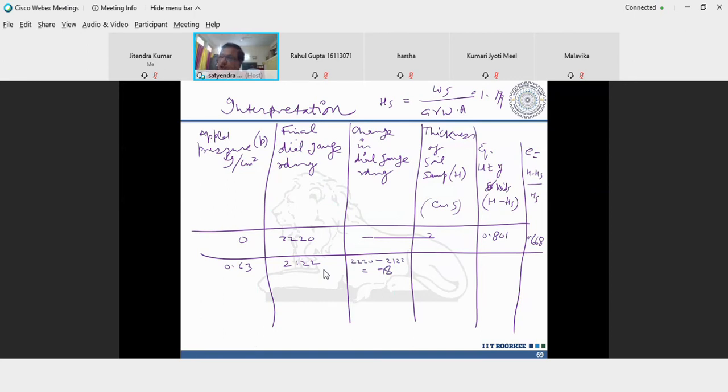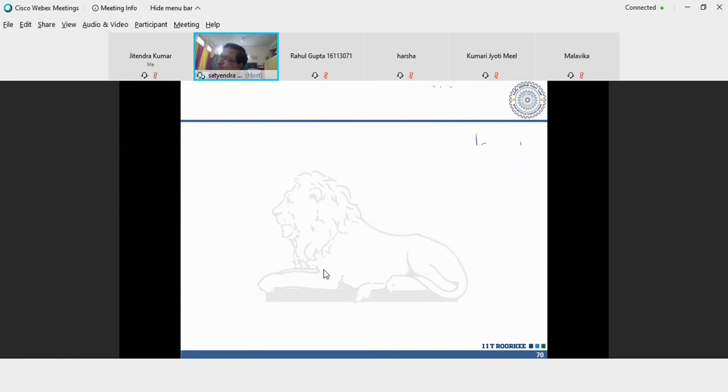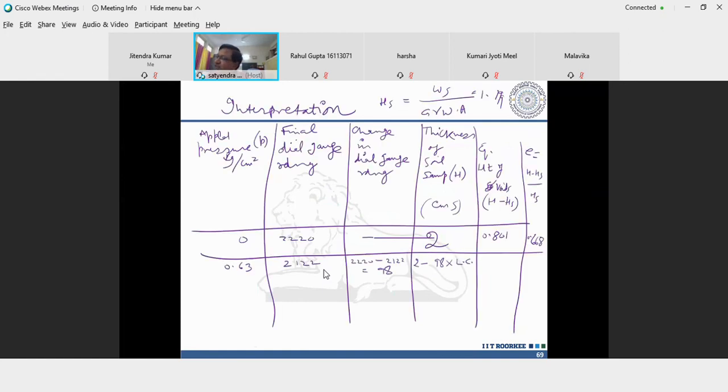Now the least count of dial gauge you should know. That is written on the dial gauge also. So thickness of soil sample will be, this is 2 centimeter. So it will be 2 minus 98 into least count of dial gauge. So least count in this case is 0.002.